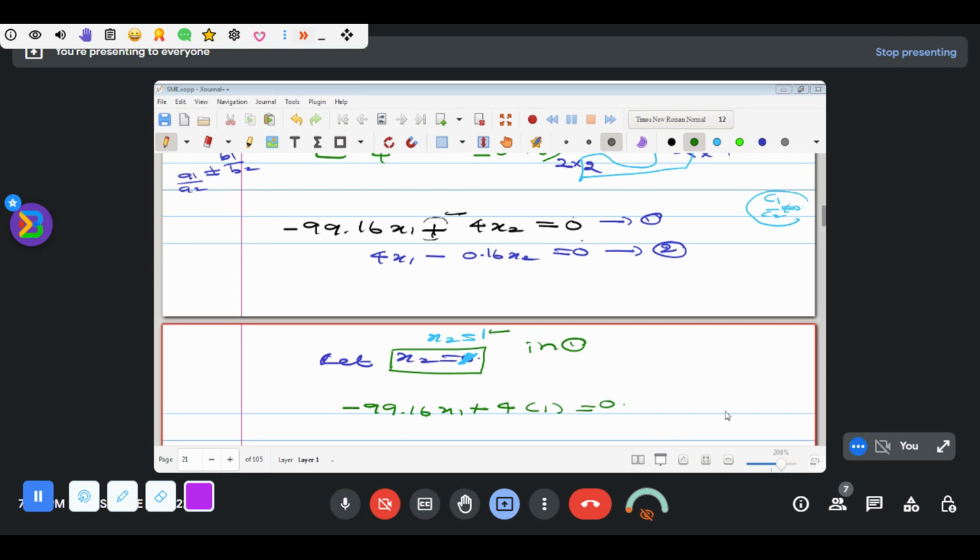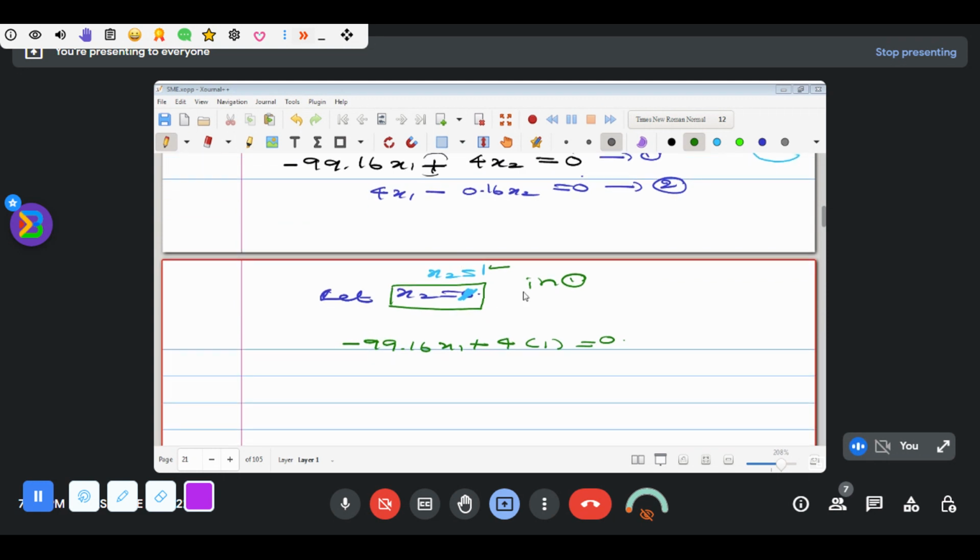Is that correct? Then 4 into 1 is 4. Therefore, minus 99.16 into x1 plus 4 equal to 0. This 4 moves to the other side. Therefore, minus 99.16 into x1 equal to minus 4.